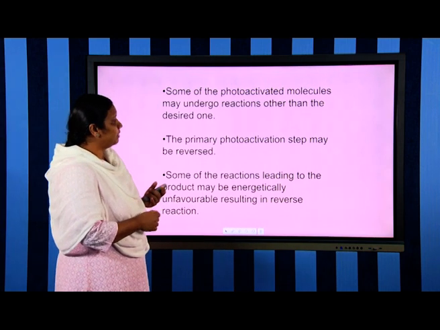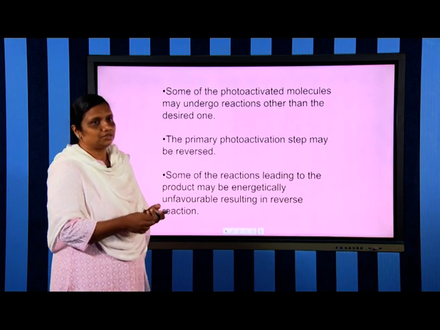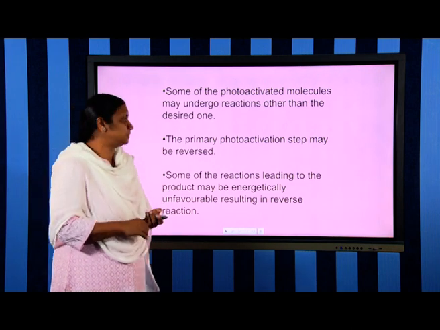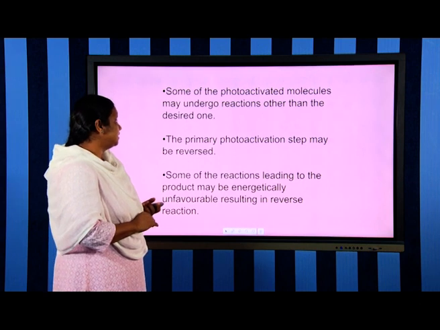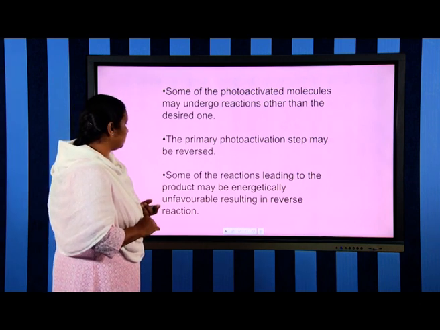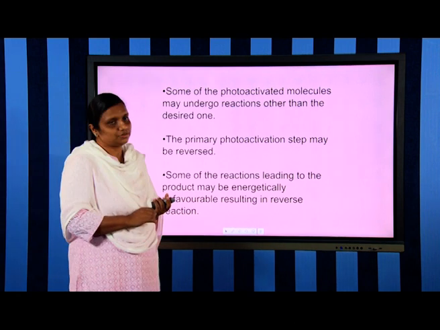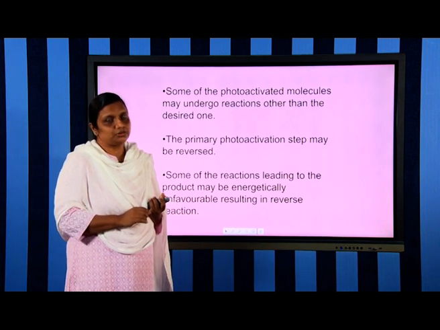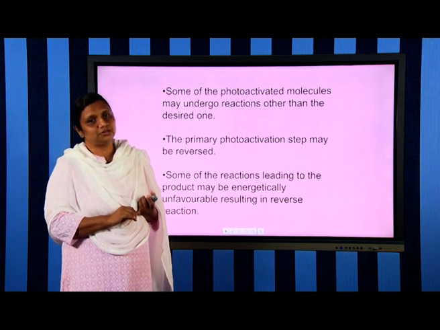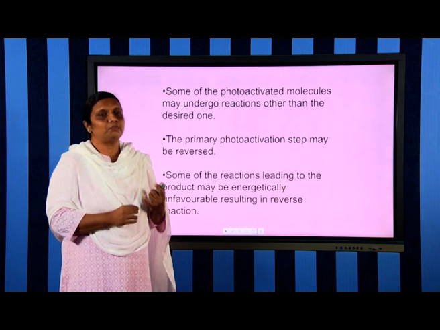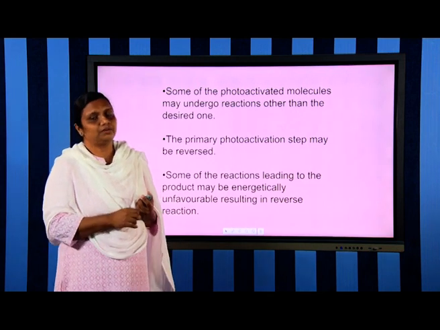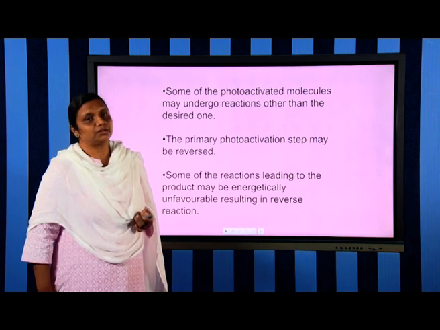Now, the primary photoactivation step may be reversed, that is, product is getting converted to reactants, and some of the reactions leading to the product may be energetically unfavorable, resulting in reverse reaction. So, energetically it will not be favorable. So, reverse reaction, that is, formation of reactant may happen, we will not get the product.